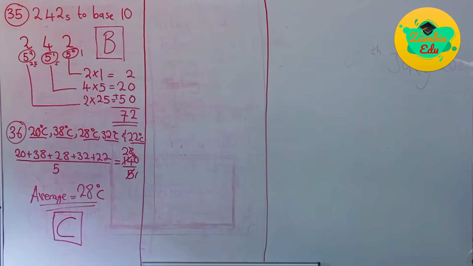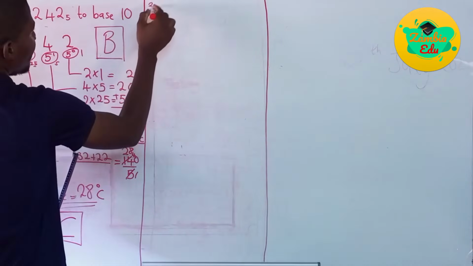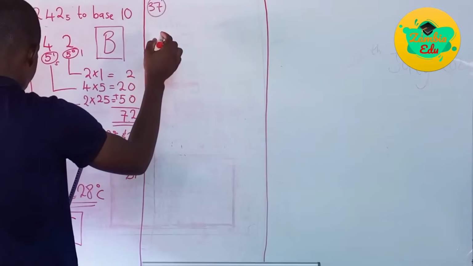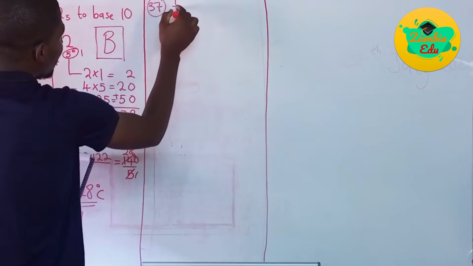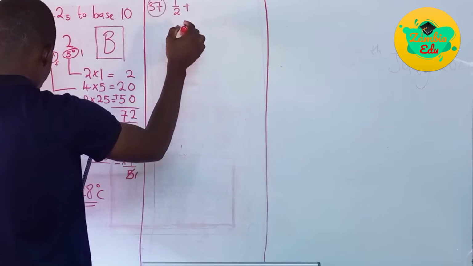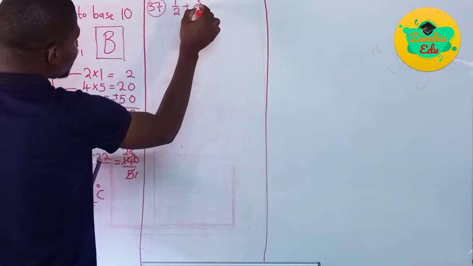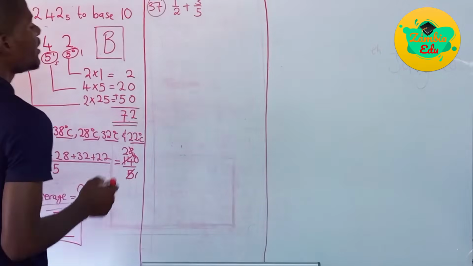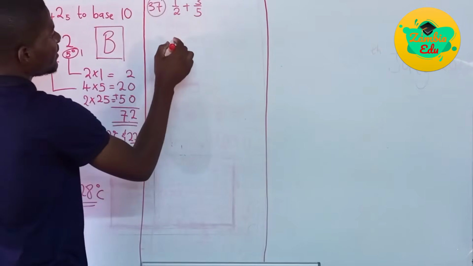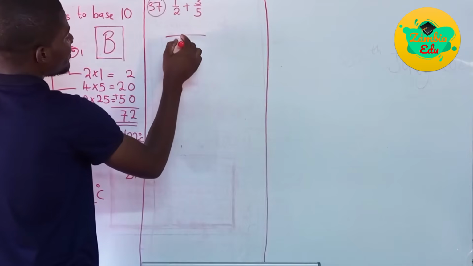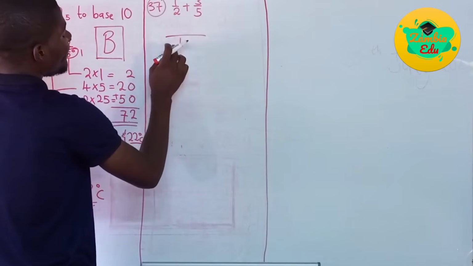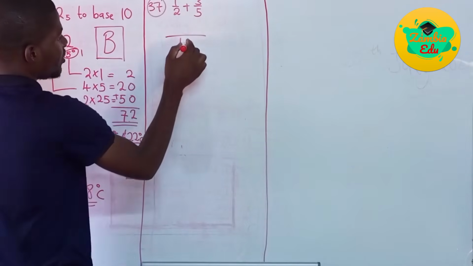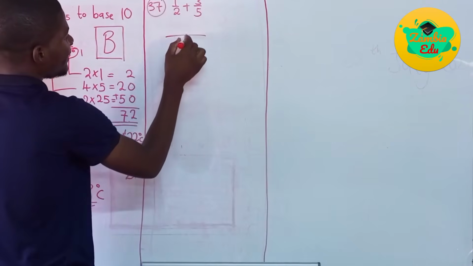We quickly go to question 37. Question 37 required us to solve this addition fraction. When we have a fraction like that, you quickly introduce the common denominator. The common denominator of 2 and 5 is 10.